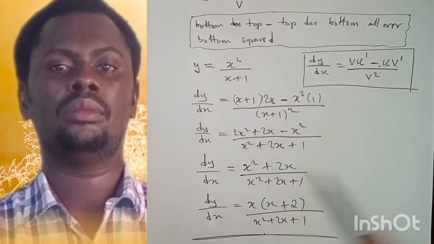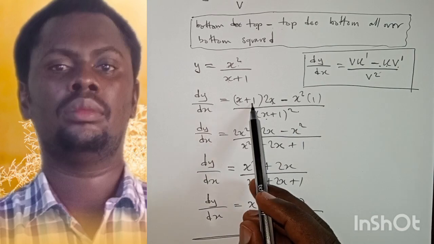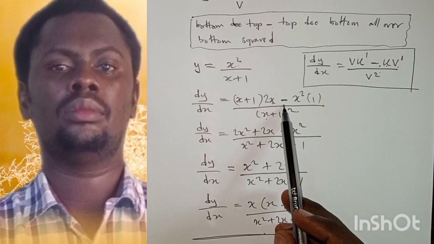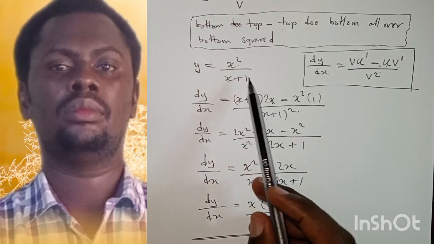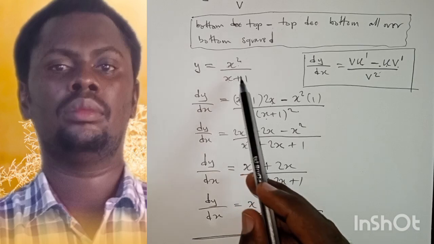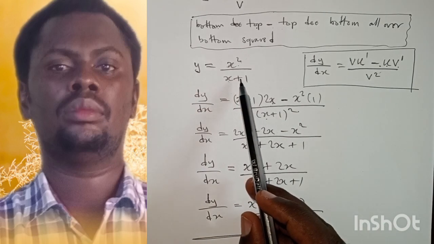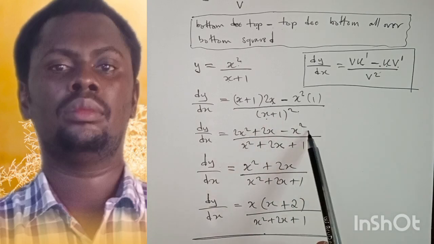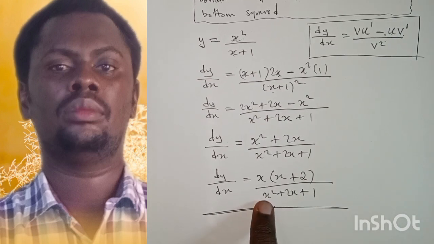You keep constant the denominator, x plus 1, then you find the derivative of x squared, that is 2x, then minus, you keep constant the numerator, then you find the derivative of the denominator, that is 1, then over the square of the denominator, x plus 1 squared, then you expand, and that is the final answer there.